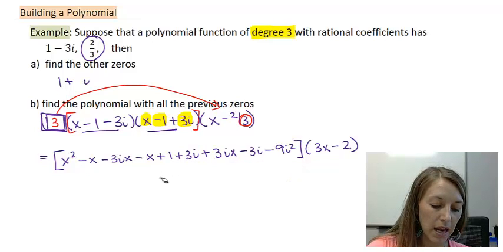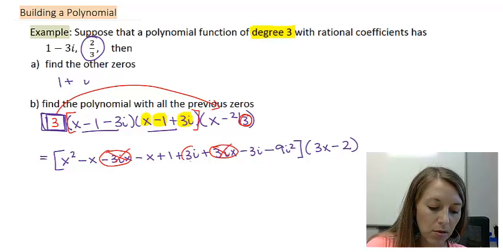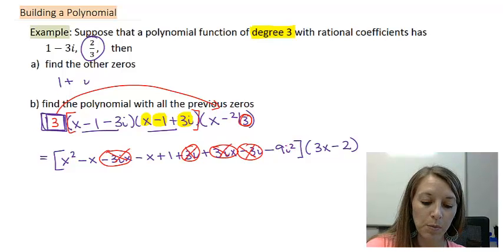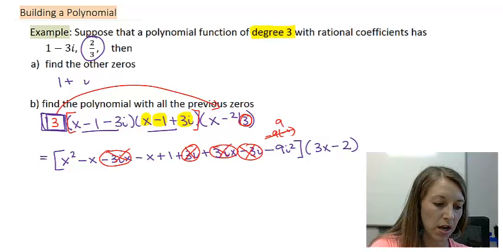Now let's go ahead and simplify this. Let's see what happens to all of these i's. My negative 3ix and my positive 3ix cancel out. My 3i and my negative 3i cancel out. And we know that i squared simplifies to be negative 1. So this is negative 9 times a negative 1, which gives me a positive 9.